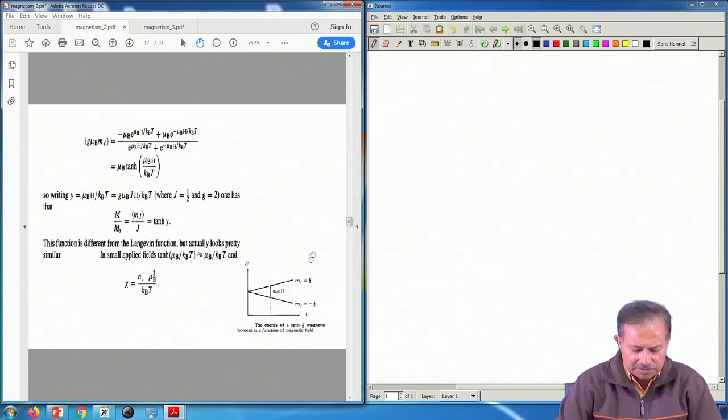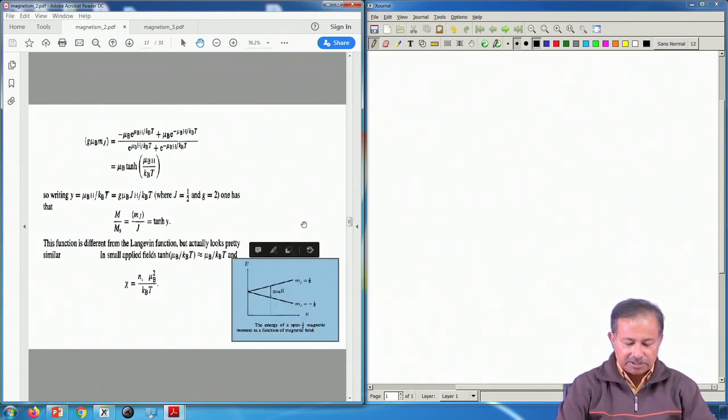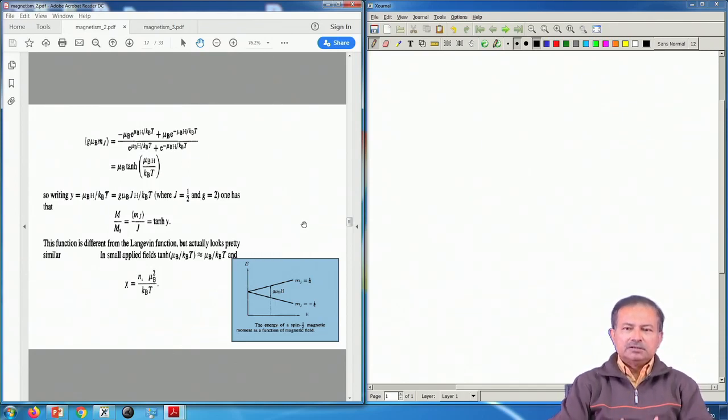As you can see from this picture, as the magnetic field becomes larger and larger, these two levels separate out proportional to h. You have probably seen this in the Stern-Gerlach experiment, where these two magnetic states are used.